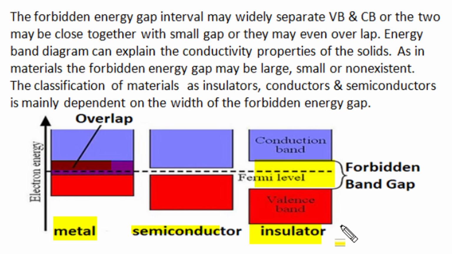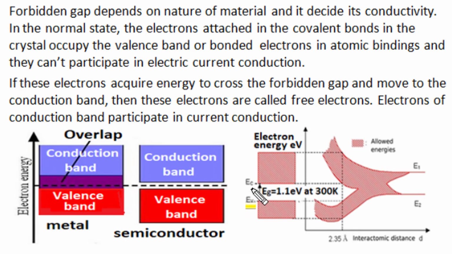So we can say in materials, the forbidden energy gap interval may be large, small or non-existent, and accordingly we can classify materials as an insulator with a large forbidden band gap interval, a semiconductor with a small forbidden energy gap interval, or a conductor with an overlapping and non-existence of forbidden energy band gap interval. The size or magnitude of the forbidden energy gap interval depends on the nature of the material and it decides its conductivity.